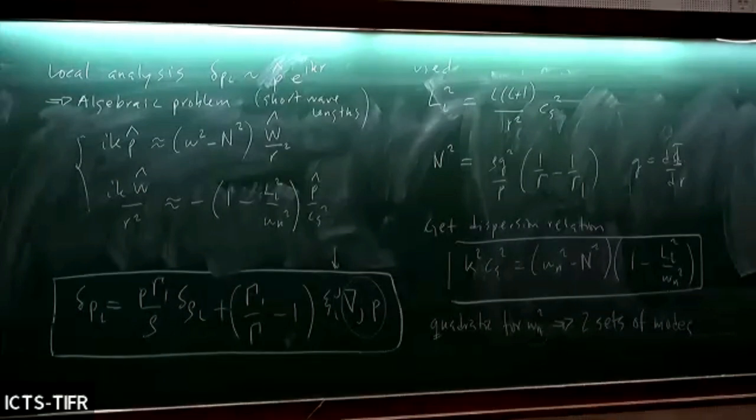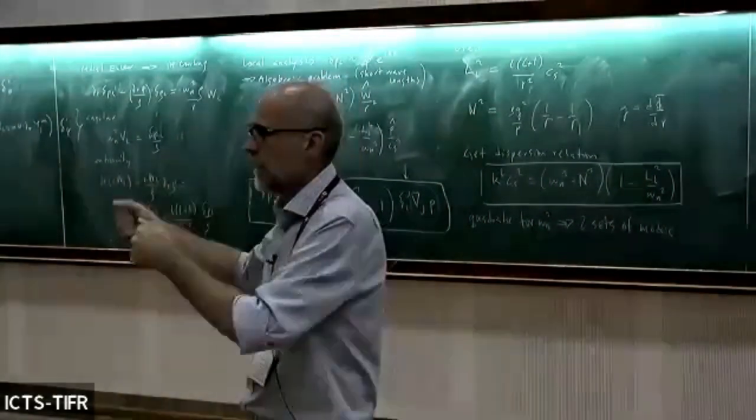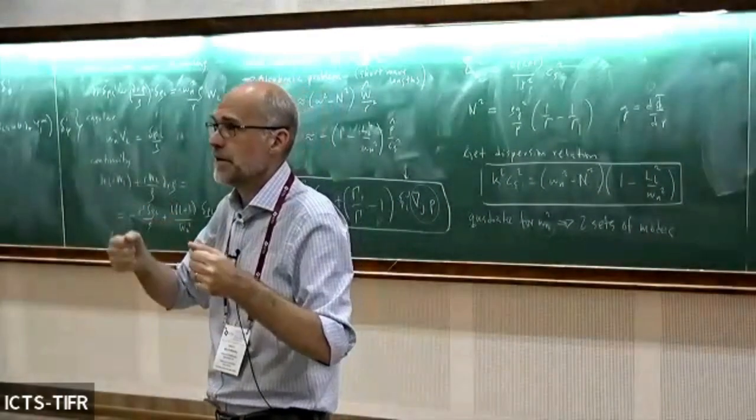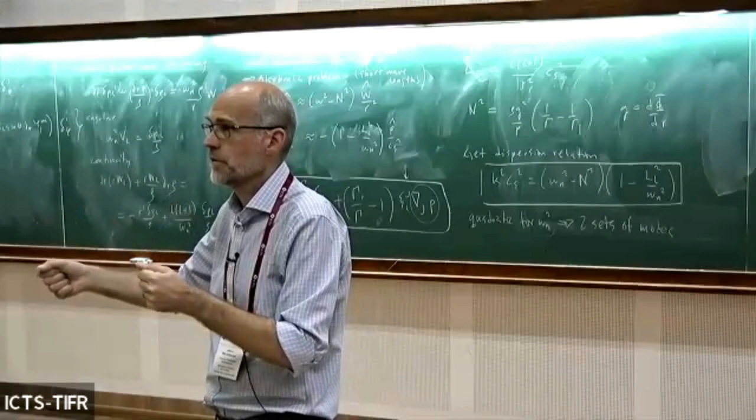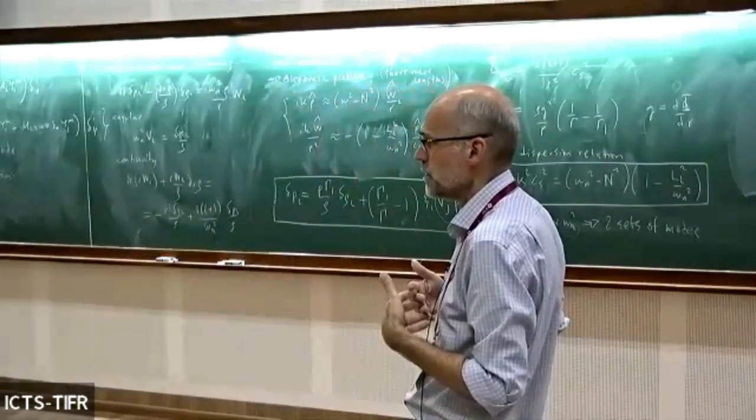If there's one take-home message, it is that the spectrum of oscillation modes in a star depends on the physics. So you need to understand the equation of state and how that filters through the calculation.